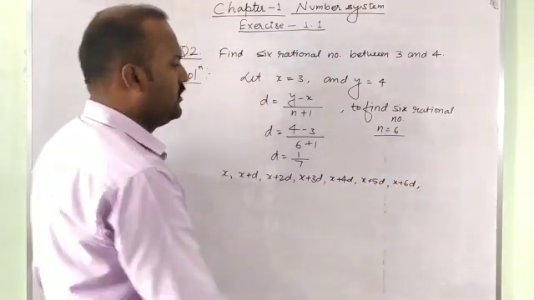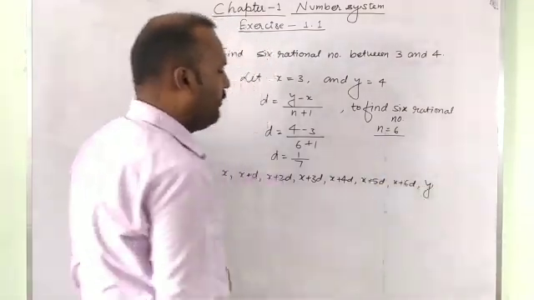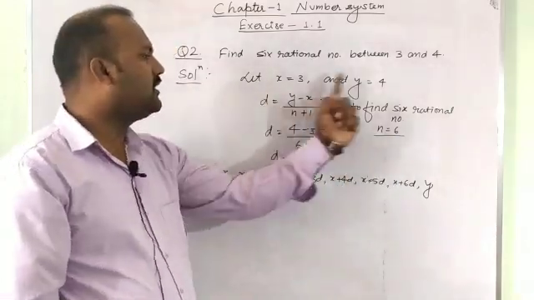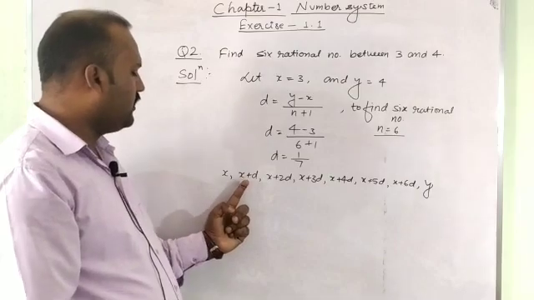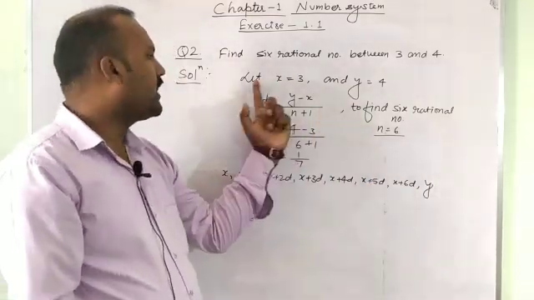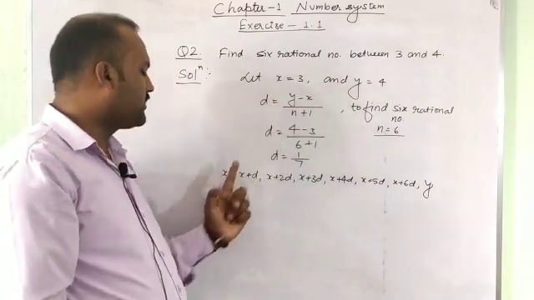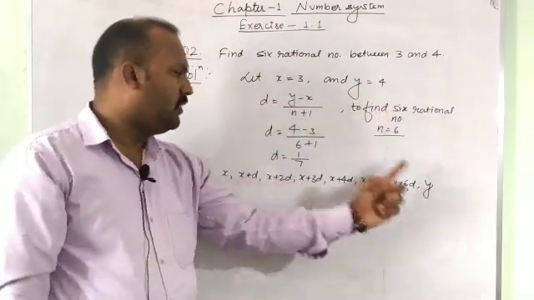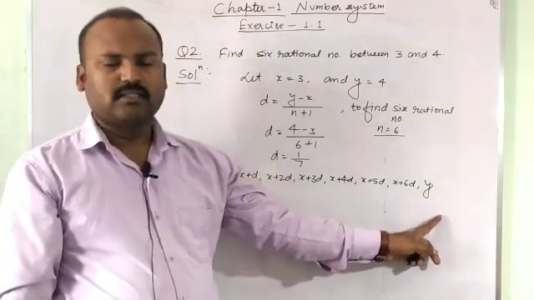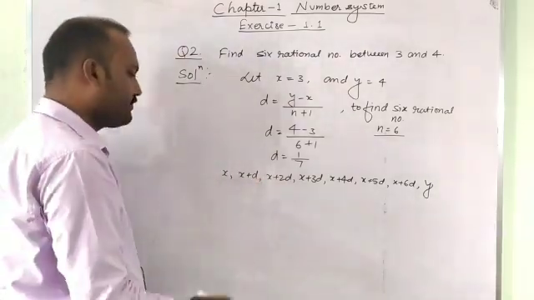After this you will get y, because we have to insert only 6 numbers in between x and y. So here 1, 2, 3, 4, 5, 6 numbers in between x and y. The value of x is 3, the value of y is 4 and the value of d is 1/7. Now substitute in this series, then you will get your answer.